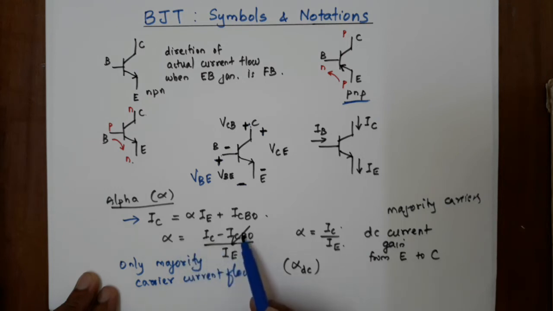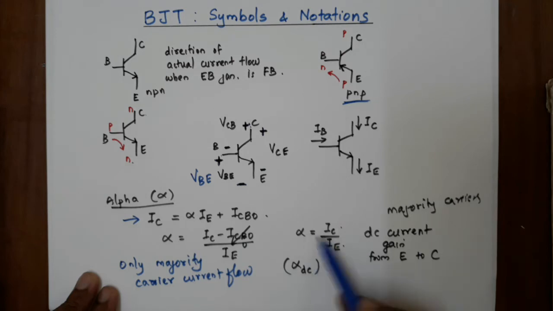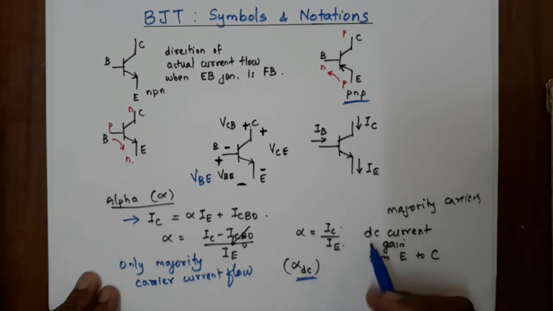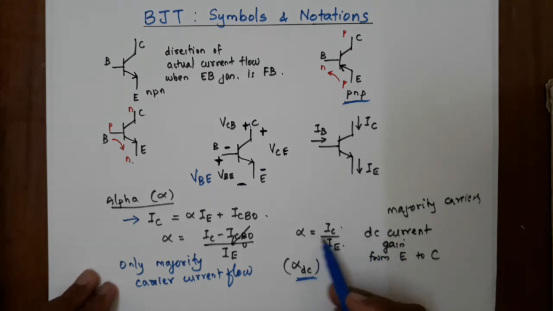So alpha can be defined as the ratio of DC collector current to DC emitter current considering only majority carriers. Some authors will use the symbol alpha DC to indicate that it is the ratio of DC currents. We are reserving capital letters for DC currents. So that is about alpha.